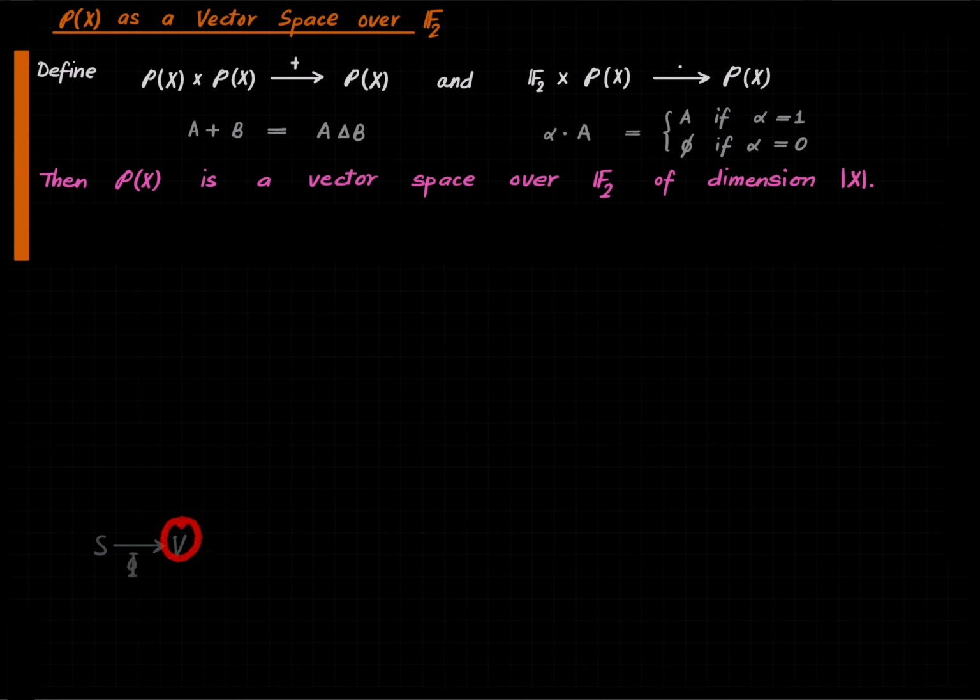This is a vector space while this is just some ordinary set. Then we can exploit the vector space structure on V to give S a vector space structure. Just define addition on S so that it tallies with the addition on V under phi.